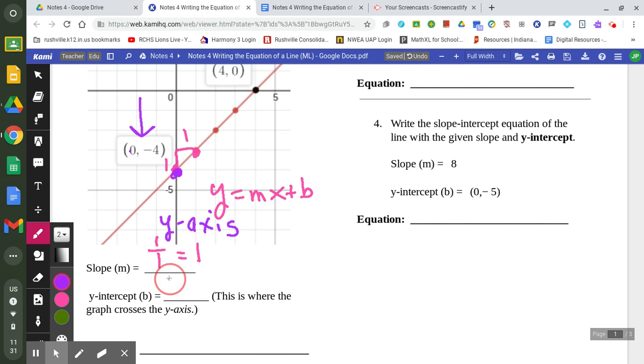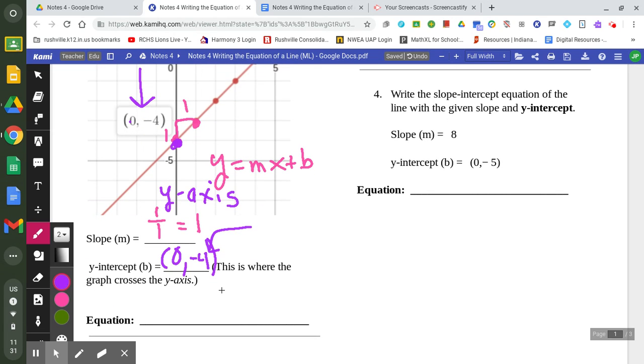So my ordered pair is 0, -4. And the b is always that y value. So when I write my equation, it will be y equals, my slope was 1, which I can put in as 1x or just x, and then my b was -4.